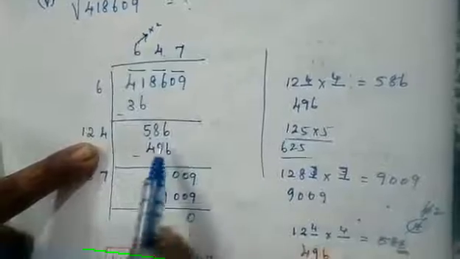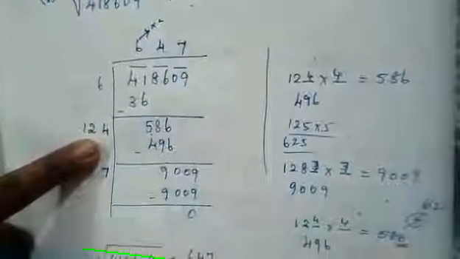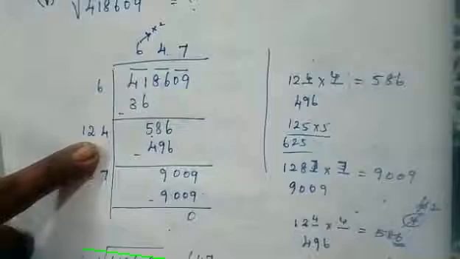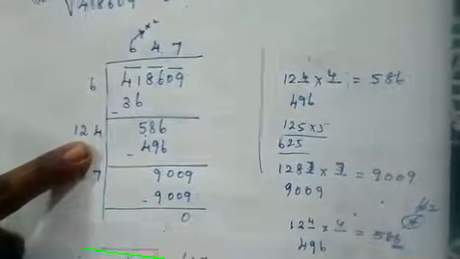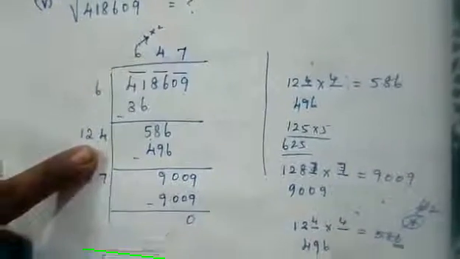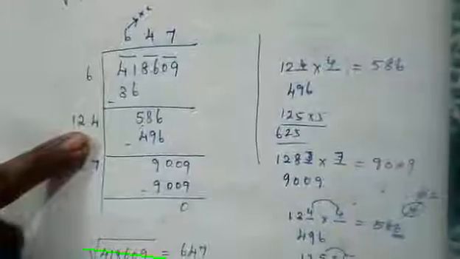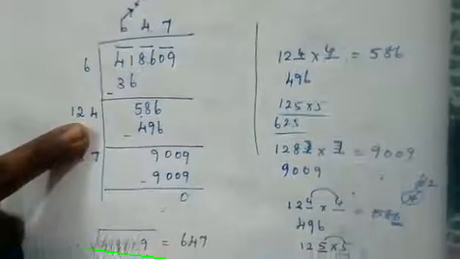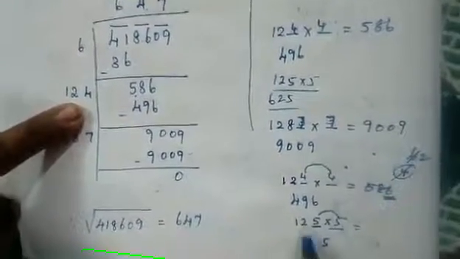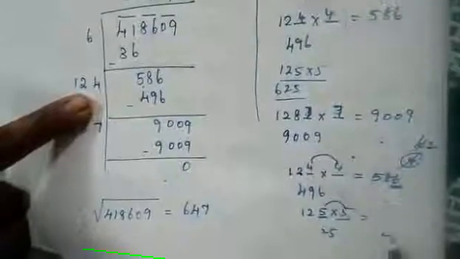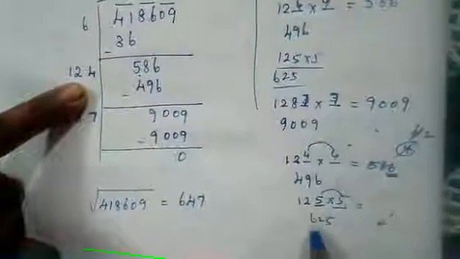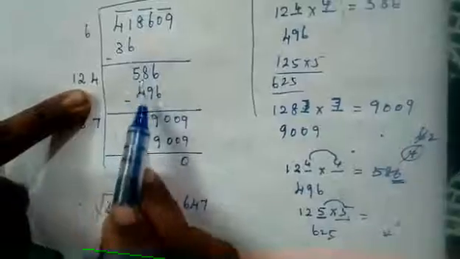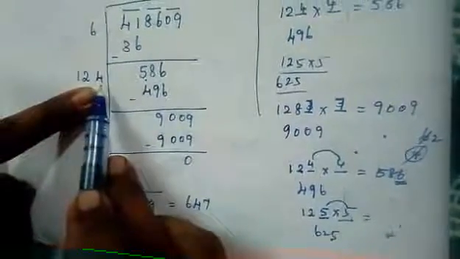Suppose it is not equal to this, then you have to check one more time, that is 5. Whatever value you write here, the same number you have to write here. 5 5s are 25, balance 2, 10, 12, balance 1, 6, that is 625. So that is more than this number, so 4 is possible.